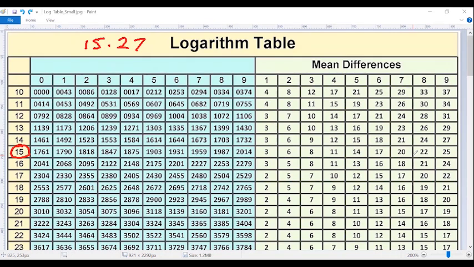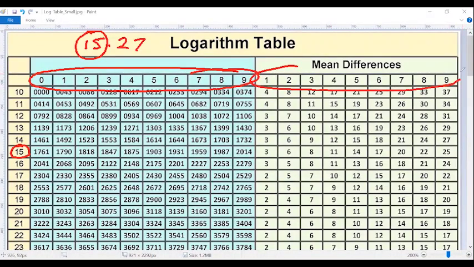For 15, you will slide through the very first column in the log table and reach 15, the first 2 digits. I'm not saying it is before the decimal. No, decimal we don't consider at all. First 2 digits, 15. Then there are 2 sets of columns, 9 columns here and 9 columns here.